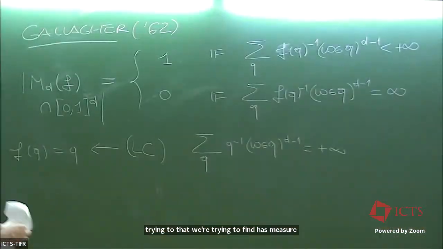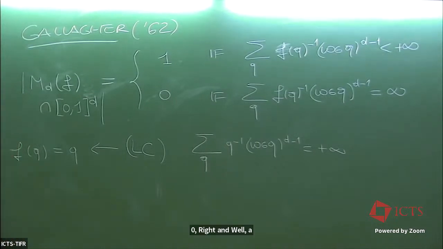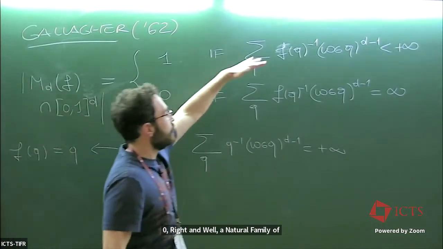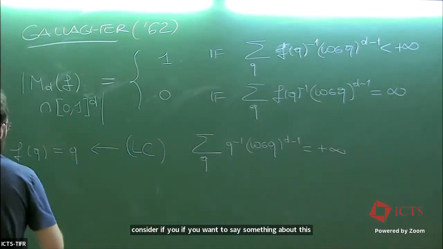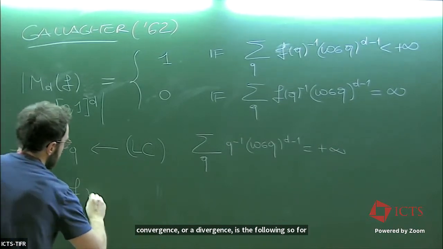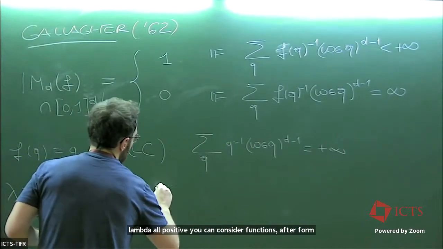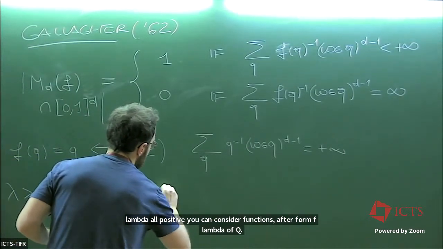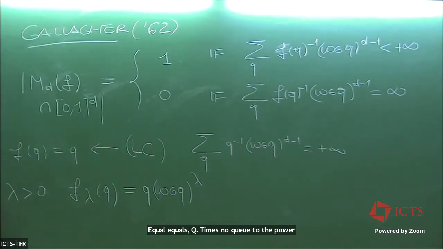And a natural family of functions to consider if you want to say something about this convergence or divergence is the following. For lambda positive, you can consider functions of the form f_lambda(q) equals q times (log q)^lambda. Okay, so the Littlewood conjecture is f_0.